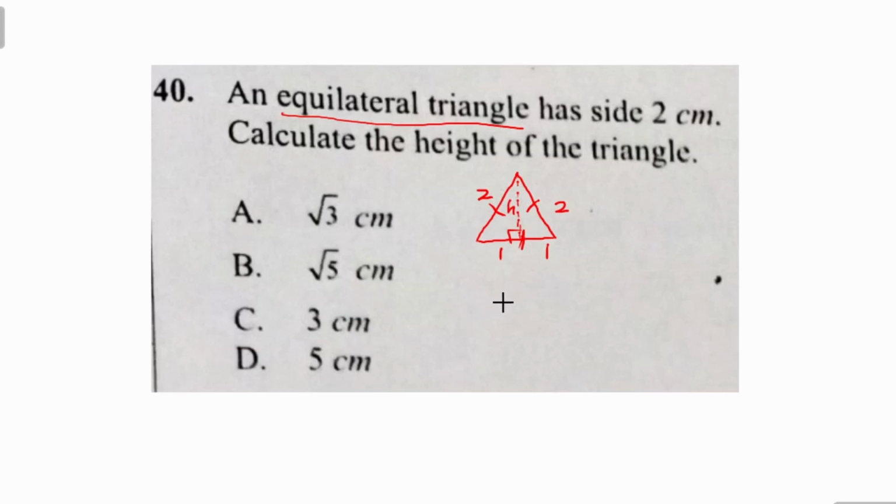Then again we can use the Pythagoras theorem to work out h. So using 2 as the hypotenuse, then 2 squared will be equal to h squared plus 1 squared. And simplifying further, that's going to give us 4 equal to h squared plus 1.